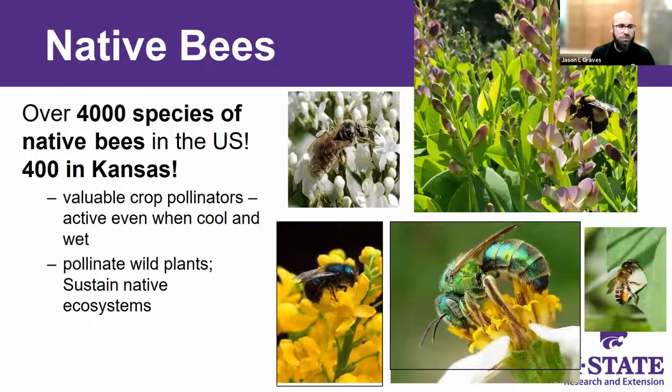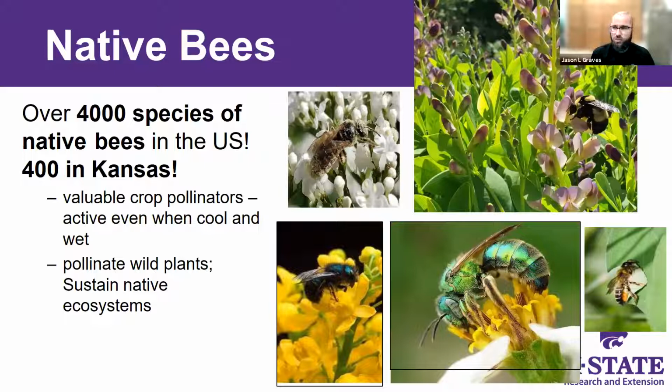Of course, these are very valuable crop pollinators. They do a lot of pollination, and certain pollinators can be active even when weather isn't optimum. Our native pollinators, and of course, we've already talked about many of the benefits they provide.